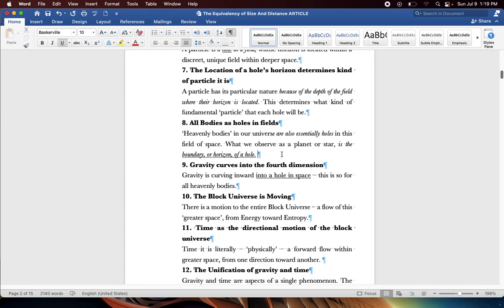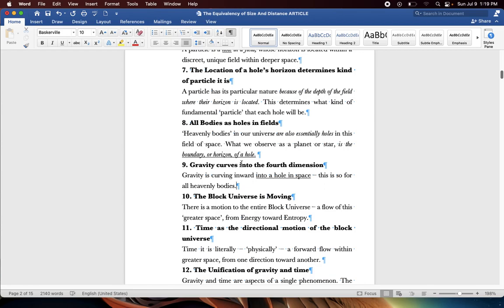It's the same with quantum particles. So gravity, curving inward, is curving into this fourth dimension, this fourth degree of freedom, this fourth spatial direction, which is into the realms of the so-called very small.